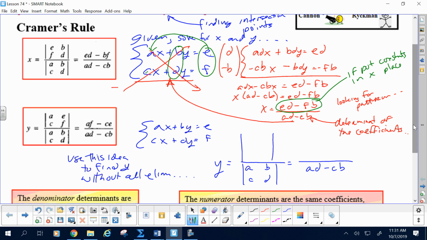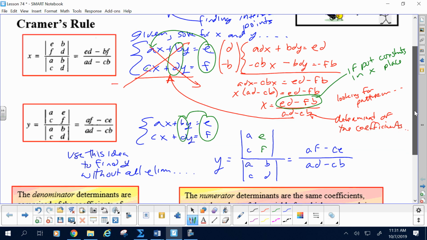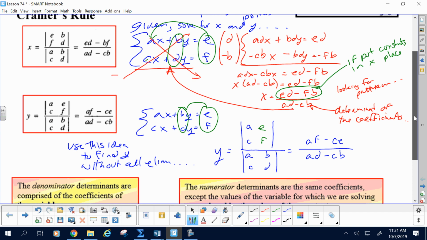So in y, I'm going to keep a, c, that column, but in place of the y coefficients, I'm going to put e, f in those guys' places. Follow? What's the determinant? af minus ce. That's Cramer's rule. The idea of using matrices to solve a system, and if you're good at it, it actually is quicker than substitution or elimination.